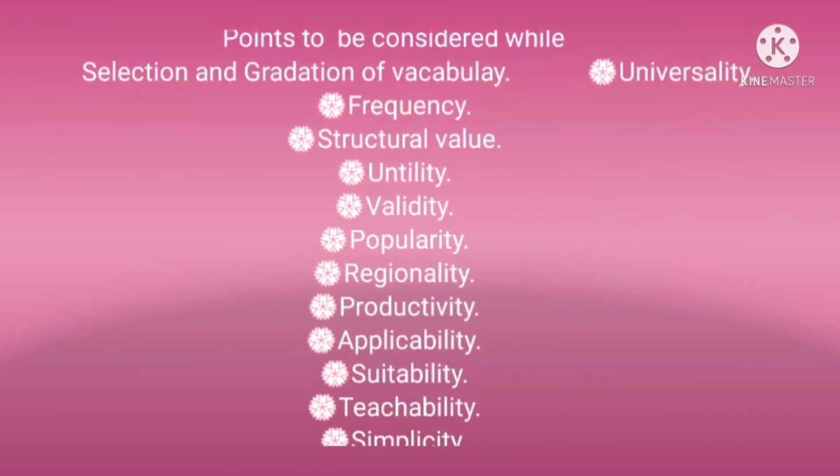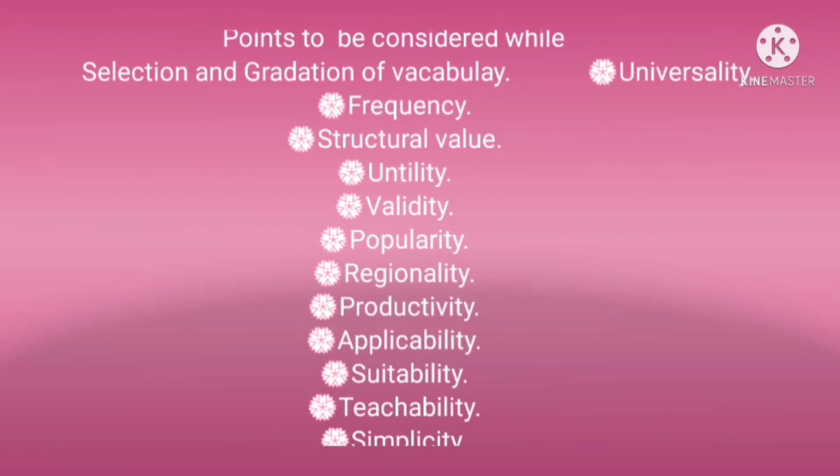As we all know, English is a rich language having more than 5 lakh words, and it is not possible, nor desirable, to teach all these words. So very careful selection is necessary while selecting and grading vocabulary. These points are very important to consider in the selection and gradation of vocabulary.